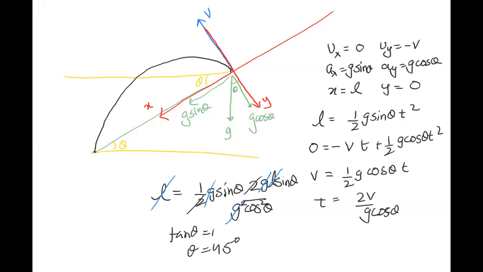Right? This is an alternate way of doing this, slightly faster, but the best way by far would be if you remember the range of a projectile on an inclined plane when the projectile is thrown down the inclined plane.